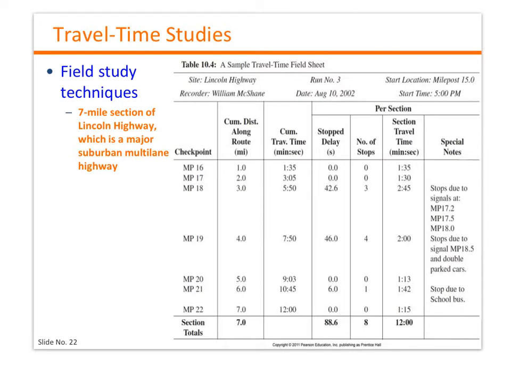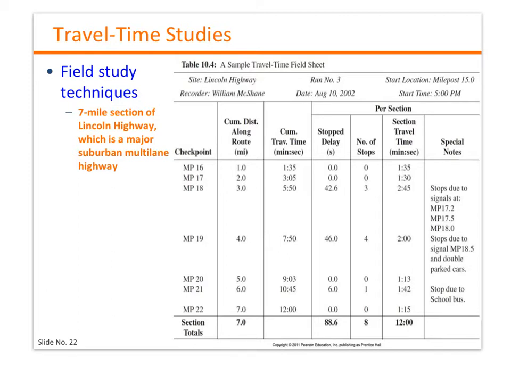By the time I reach mile post 16, I accumulated 1 minute and 35 seconds. By the time I reach mile post 17, I accumulated 3 minutes and 5 seconds, all the way until I reach mile post 22, where the observer in the test car measured 12 minutes from the beginning of the test section.